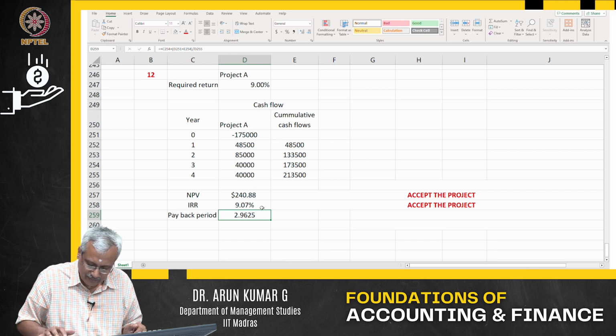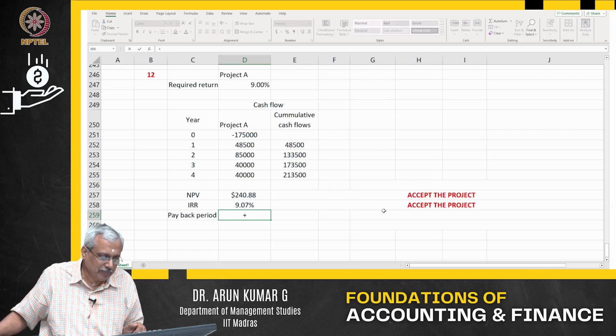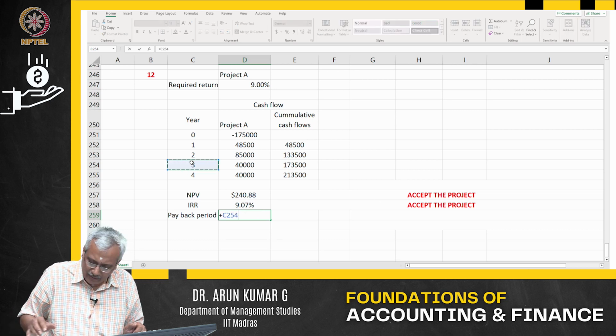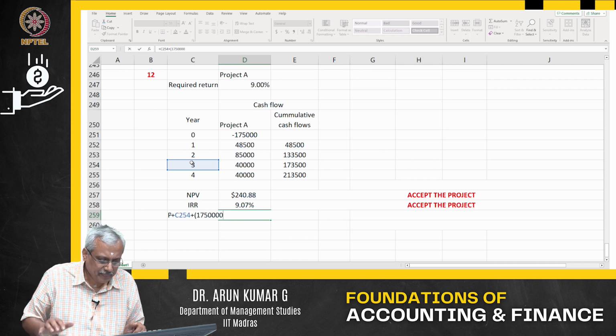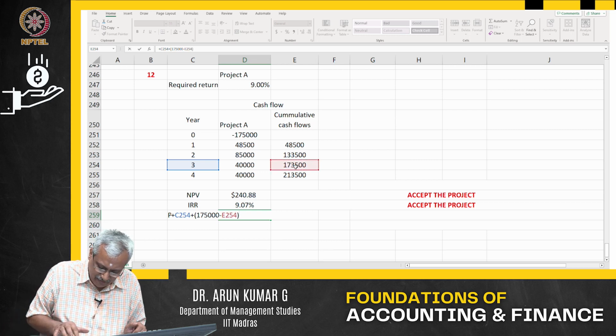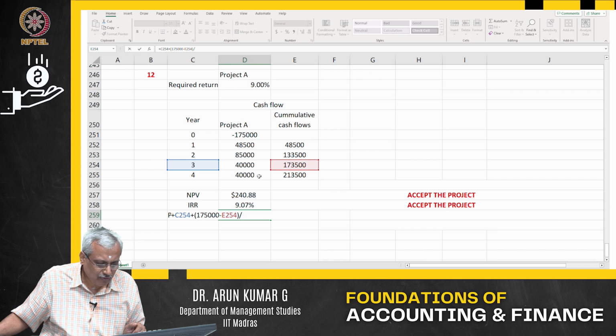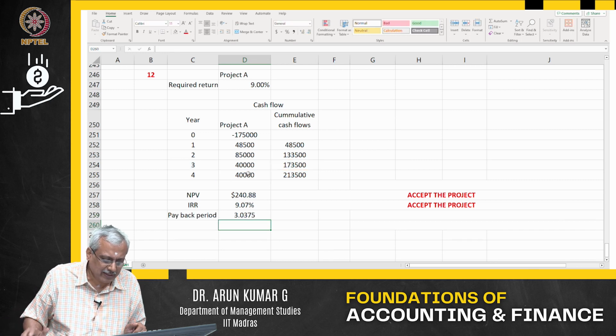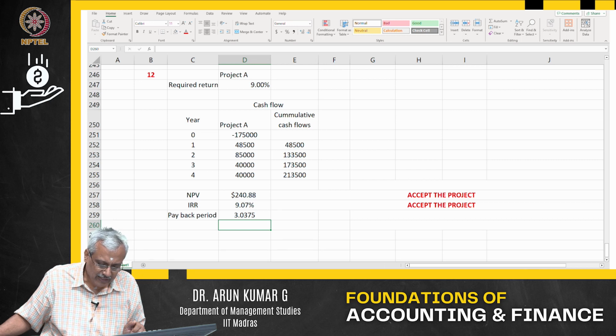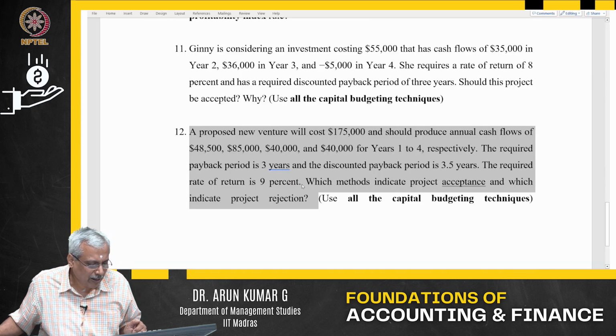So it's going to be this, plus 1,75,000 minus 1,73,000. Whatever is the difference, divided by the fourth year's cash flow. So that is going to be 3.0375 years. What is the required payback period?